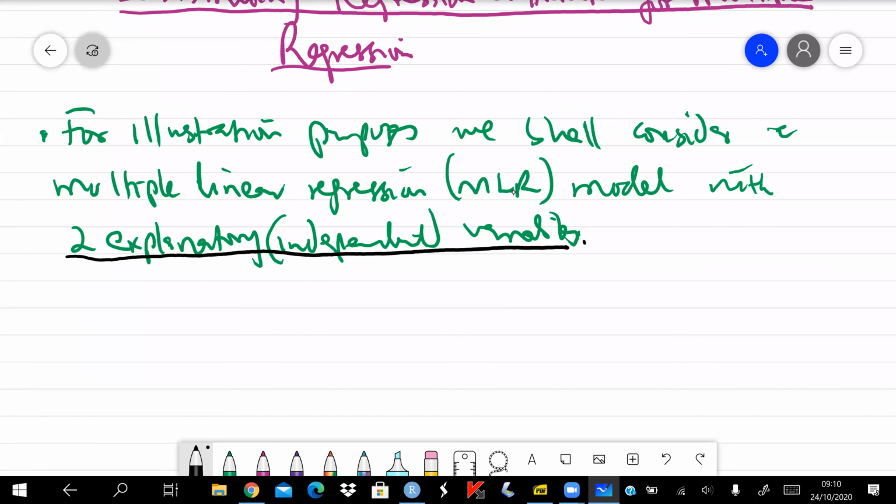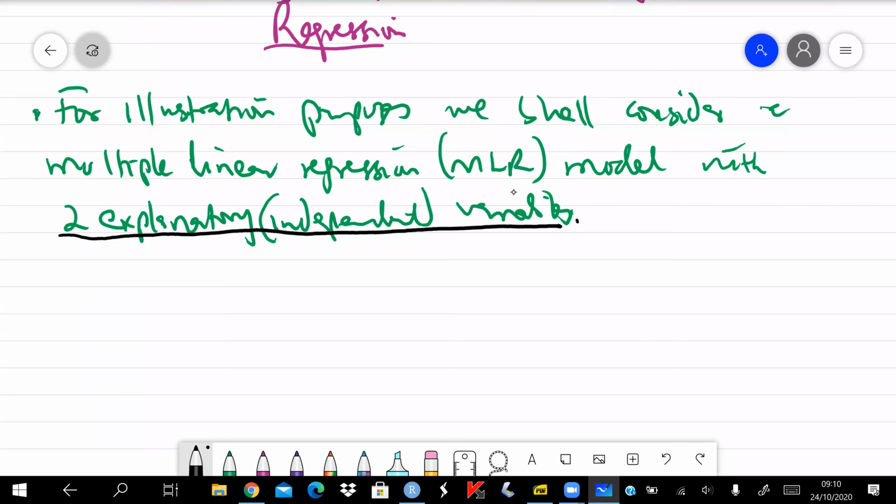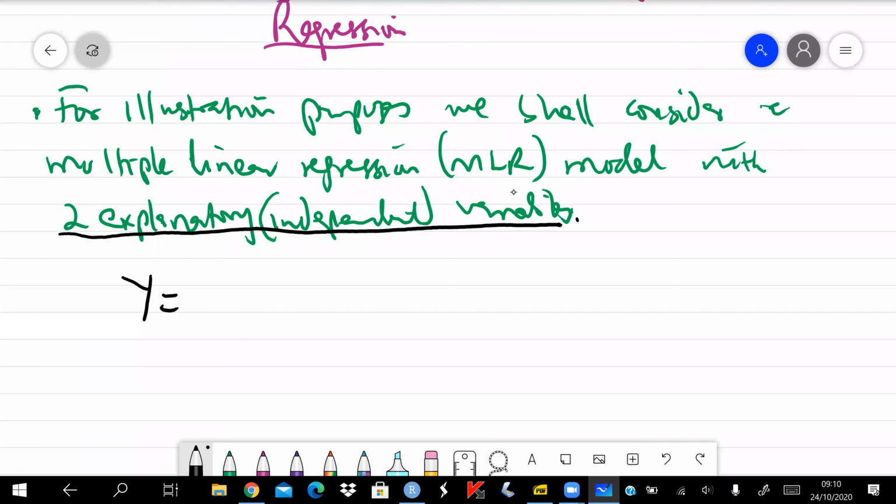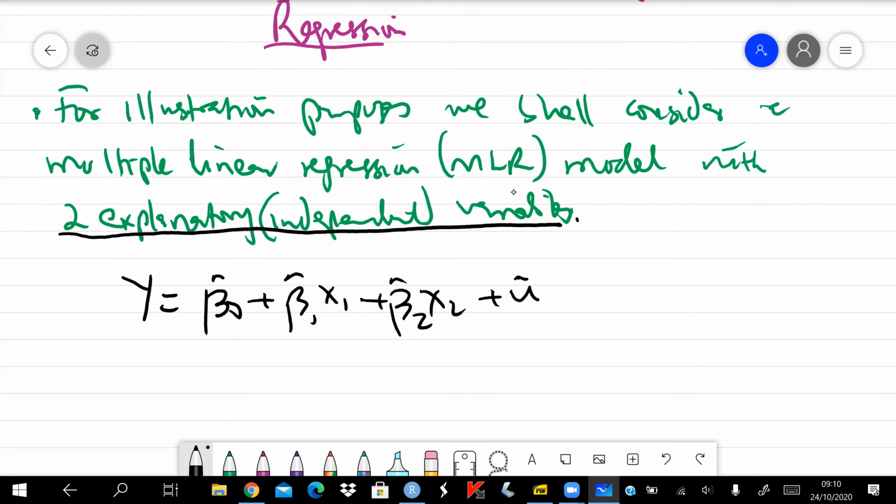So let's consider this model: y is equal to beta naught estimate plus beta 1 estimate of x1 plus beta 2 estimate of x2 plus u estimate. That's the estimate of the population regression function.